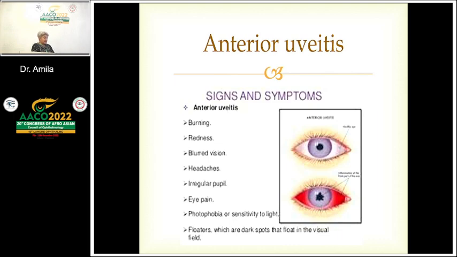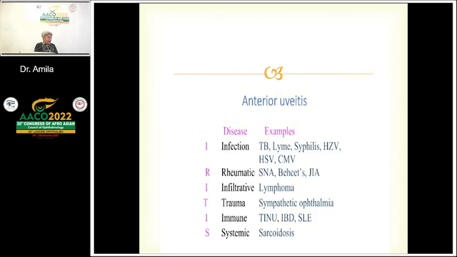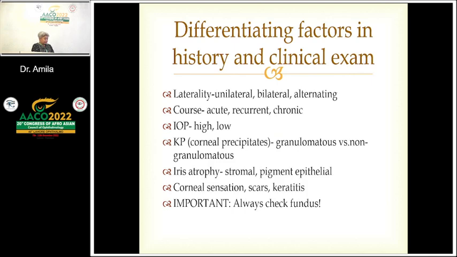Burning, redness, blurred vision, irregular pupil, headaches, eye pain, photophobia or sensitivity to light, floaters, etc. And Dr. Salman talked about causes of that: it could be TB, Lyme, syphilis, B-cell lymphoma, as we saw, sympathetic ophthalmia, sarcoidosis, a systemic disease, etc.